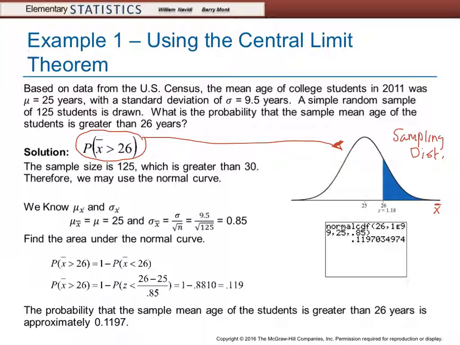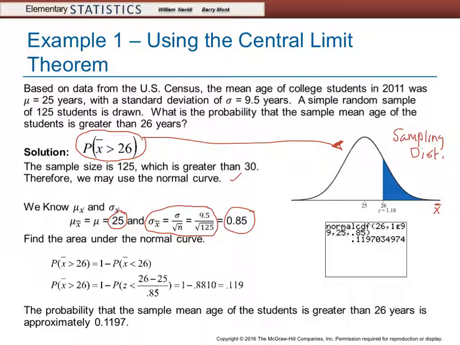Therefore, we can use the normal curve. And so we know the following pieces of information. Mu is 25, and now we'll calculate the standard error, and we get 0.85. So now we're going to find the area under the normal curve.